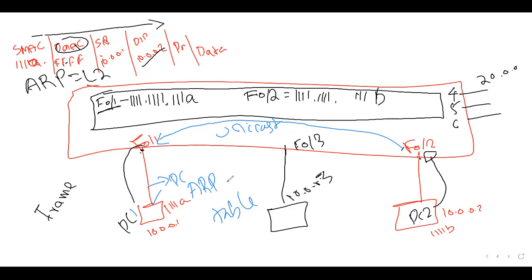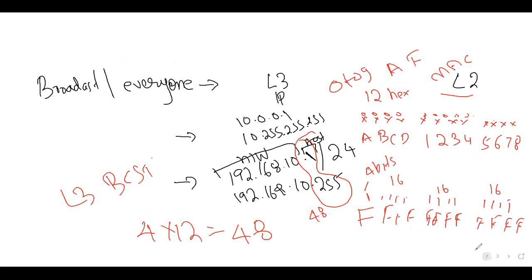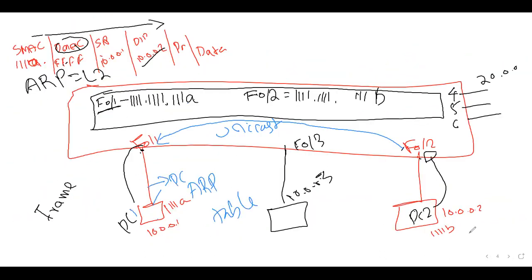Okay, so I repeat the content once again. PC1 needs to talk to PC2. PC1 will populate the frame and send it to port number 1. As long as PC1 does not know PC2, PC1 mentions it as a broadcast. It reaches the switch port.